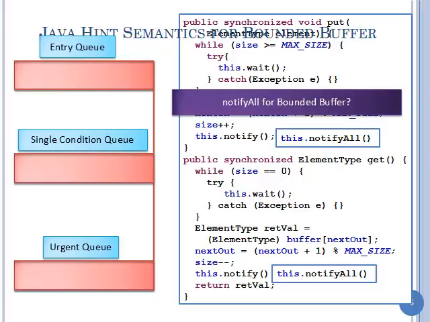So maybe notifyAll is the safe thing. Or maybe not. Actually, I'm going to argue that this whole thing works with just one notify. You can never have both the producer and consumer waiting. Either the buffer is non-empty or it's non-full. I mean, either it's empty or it's full. You can't have both empty and full.